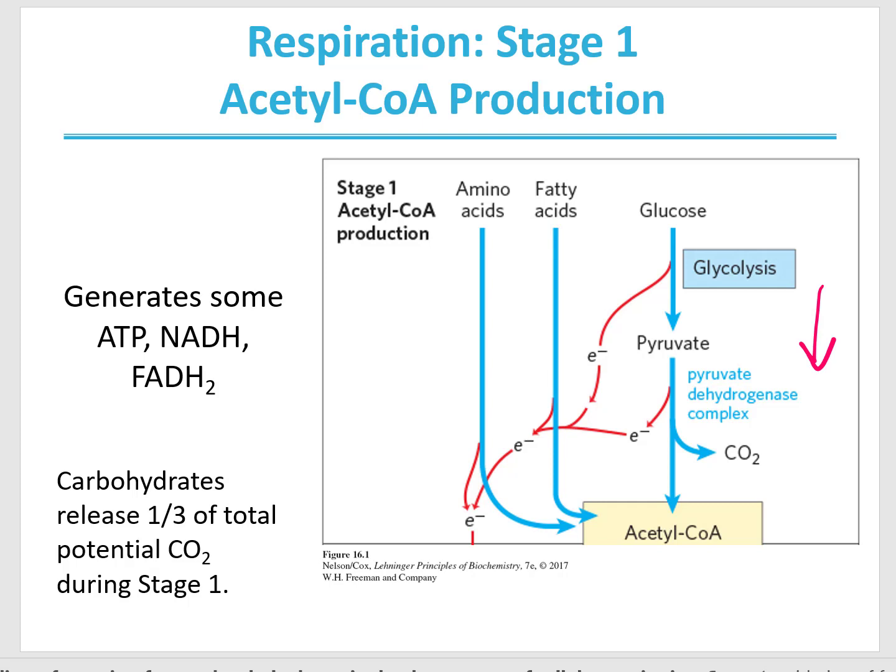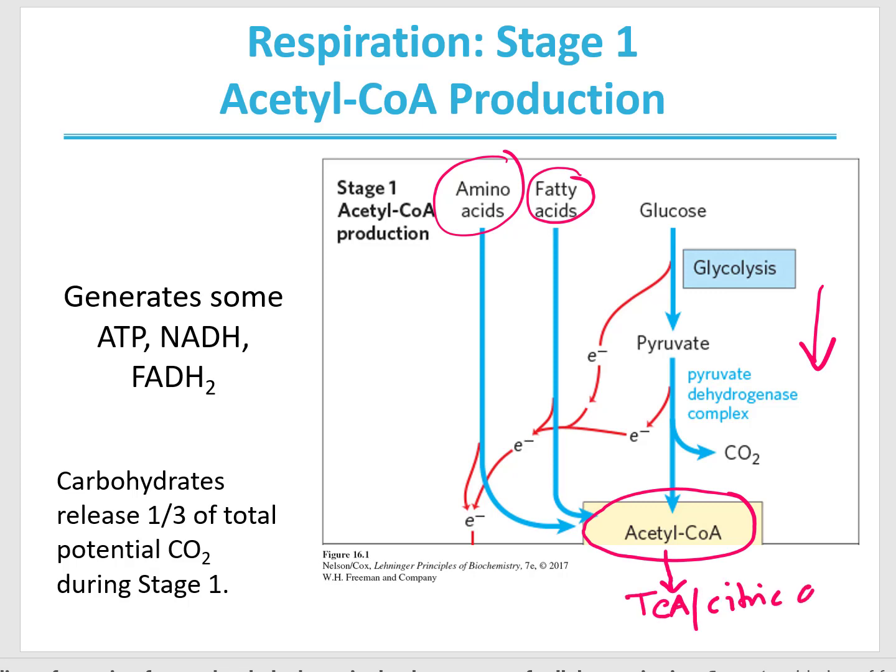Both fatty acids and amino acids also can be oxidized to carbon dioxide and water through the tricarboxylic acid cycle or the citric acid cycle. To accomplish this, they must first be converted to acetyl coenzyme A, because it is acetyl coenzyme A that will eventually enter the TCA or the citric acid cycle.